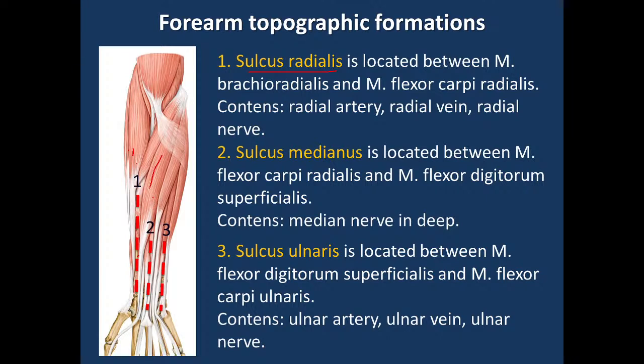Then we see the superficial flexors, radial flexor, and then the flexor digitorum superficialis. These are the borders of sulcus number two, which we call sulcus medianus, and the most medially located sulcus we call sulcus ulnaris, located between musculus flexor digitorum superficialis and musculus flexor carpi ulnaris.